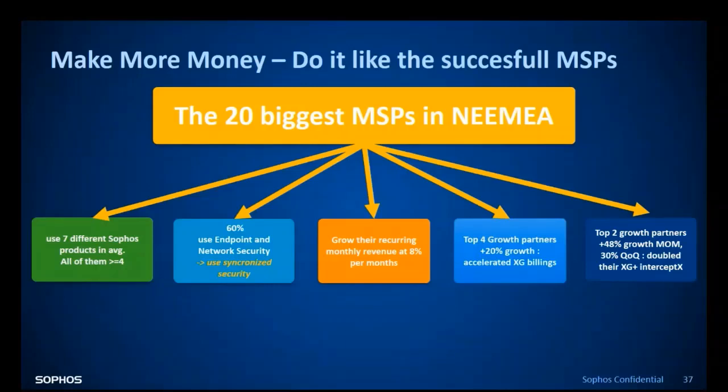So Intercept X is going to help you with reducing infection, reducing these 7 days that you spend every month on infected computers, and then automated response with the firewall, that when a machine is infected, just cut it off, right? If you as an MSP start with us and focus on this synchronized security, firewalls, and anti-ransomware, I can confidently guarantee you that you will grow at 50% month over month. And at the end of the year, you will be extremely happy.